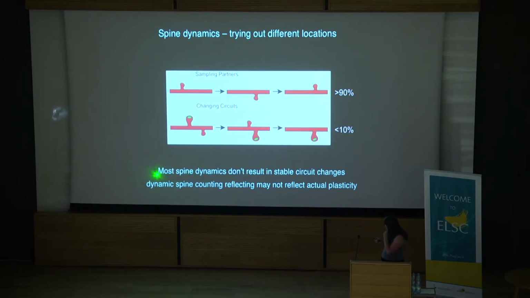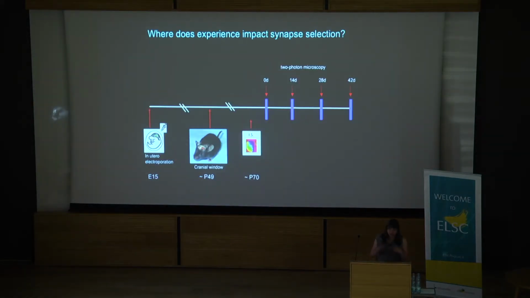This is to remind the people who are doing spine dynamics that since most of these spine dynamics don't result in stable circuit changes, then the dynamic spine counting may not really reflect the actual plasticity. And so then the question is what reflects the actual plasticity, and what reflects the actual plasticity is which synapses get stabilized, and that's where experience plays a role. And the question is at what aspect of the synapse formation is activity influencing.